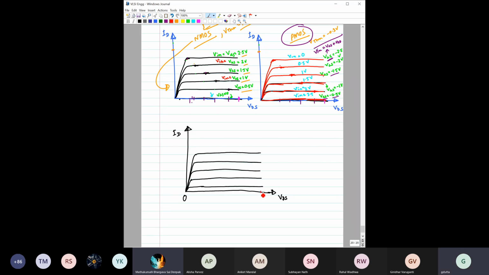Tarun? Like the previous cases, we can flip the second graph and superimpose it with the first graph, and take the intersection. Exactly, we can do that.